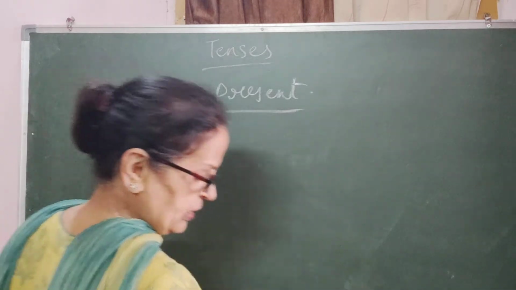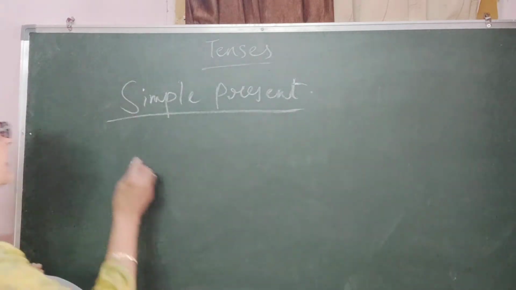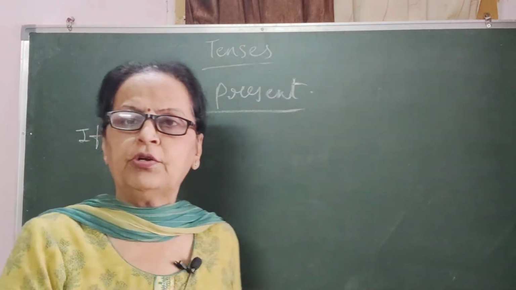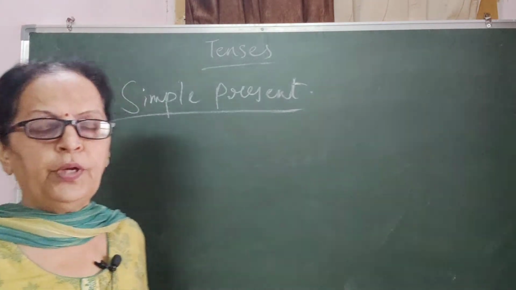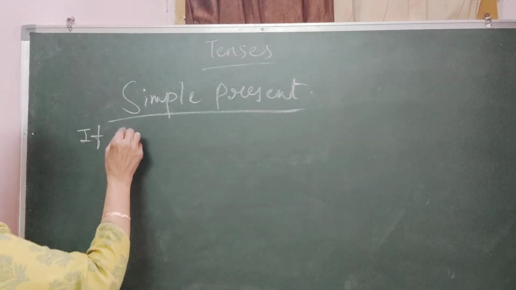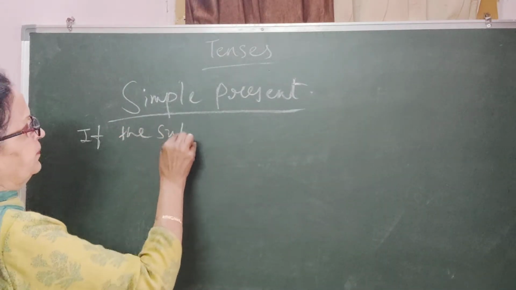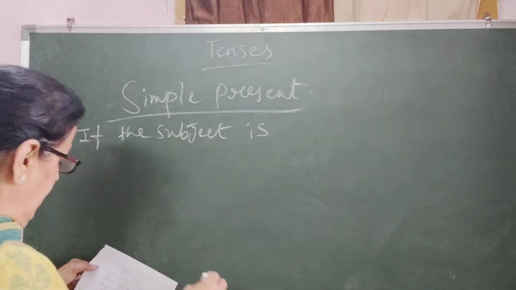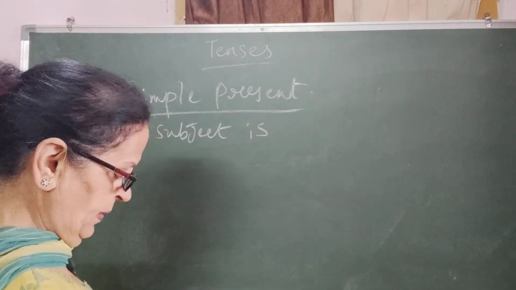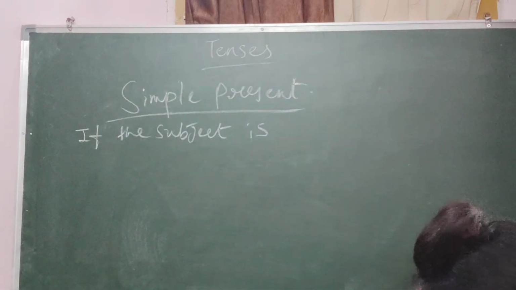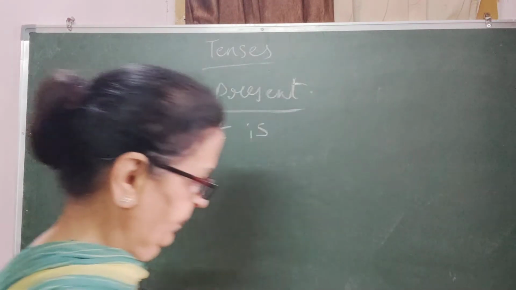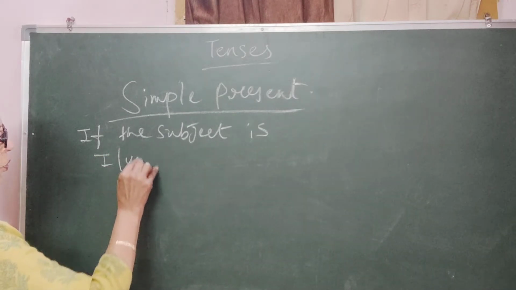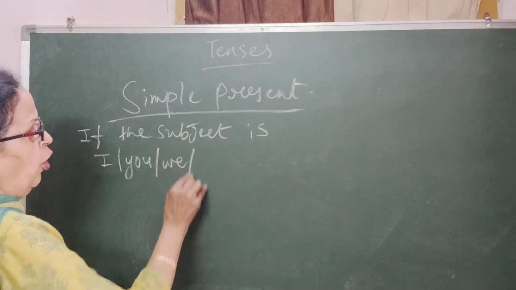Simple present tense. What is it? If the subject is, you just have to note down, but I'll be showing you a sheet also so that you can pause your video and note it down. If the subject is I, you, we or they.